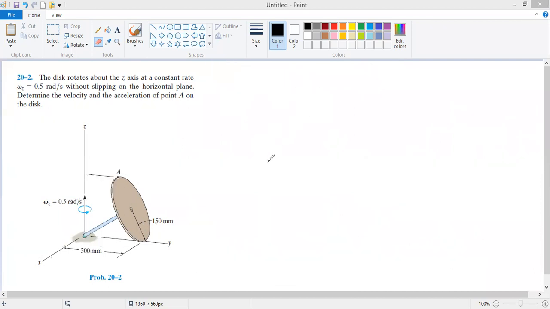Now let's write down the acceleration expression. So we know acceleration of A, this is the last line we have to write.